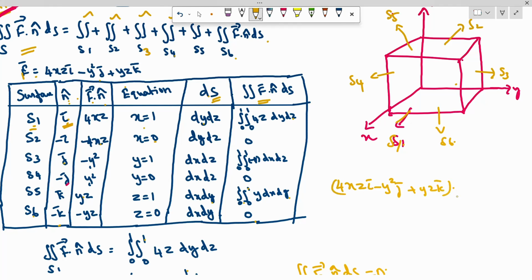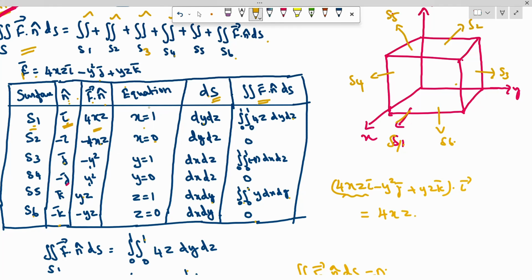What is n cap on S1? It is i vector. Taking the dot product, j dot i is 0 and k dot i is also 0. We get only the first term, because i dot i is 1, which gives 4xz.